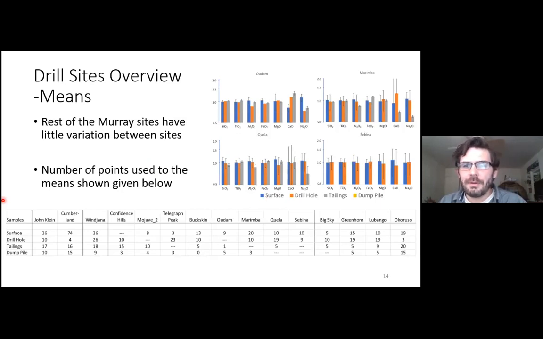I think we were at this location for months, which allows for a lot more data to be collected. Some of these sites have very few because we were having some issues with the instrument at the time, so we were only able to collect a few points.